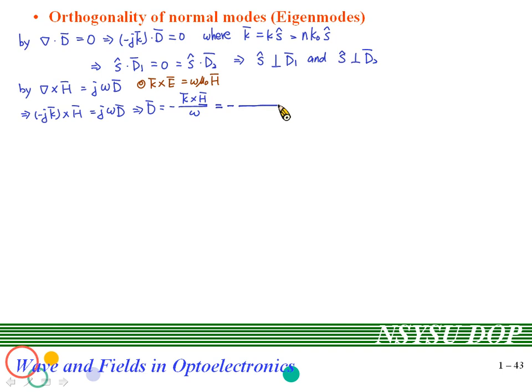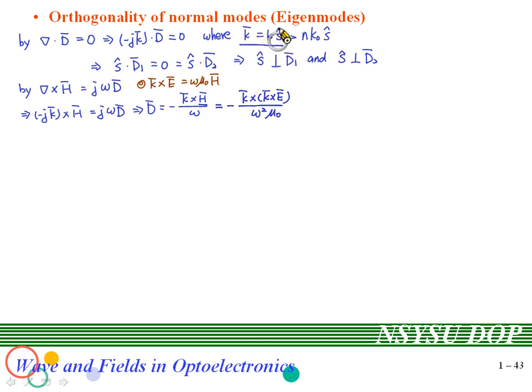Minus k cross k cross E over omega square mu sub 0. Okay? And k here can be written in this way.